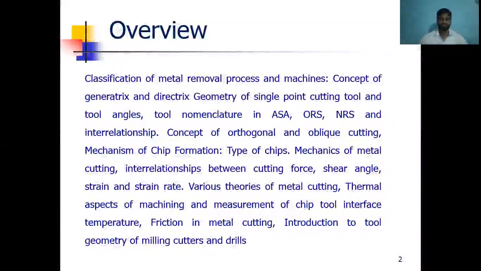Right. Now our course on metal cutting and machine tools. This lecture will cover some different aspects, like what is metal cutting, what are machine tools, and what are the different aspects of cutting.